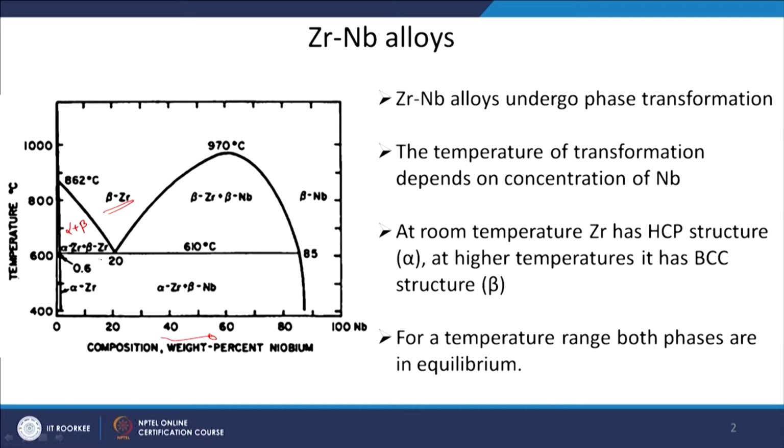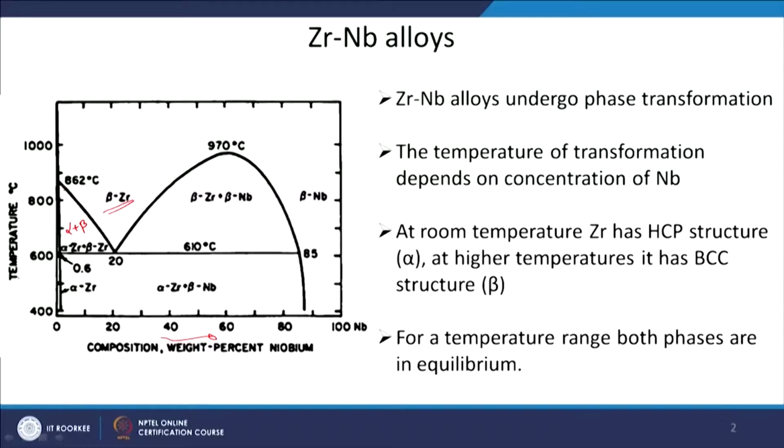The alloys we studied are usually zirconium 2.5 niobium or zirconium 1 niobium. So, you can understand the complete transformation to beta phase will happen somewhere around 850 or so degrees Celsius.